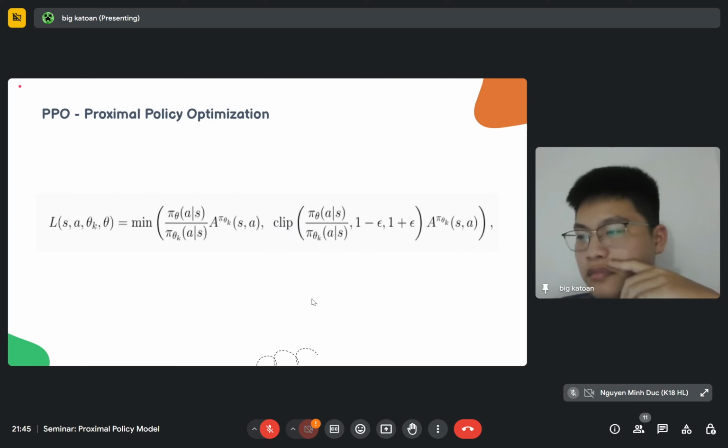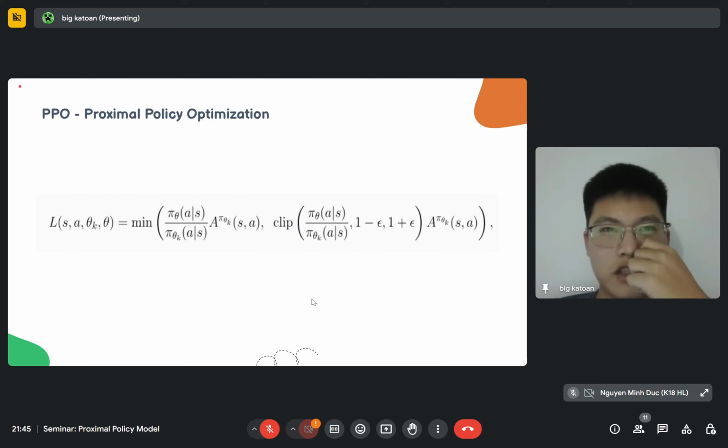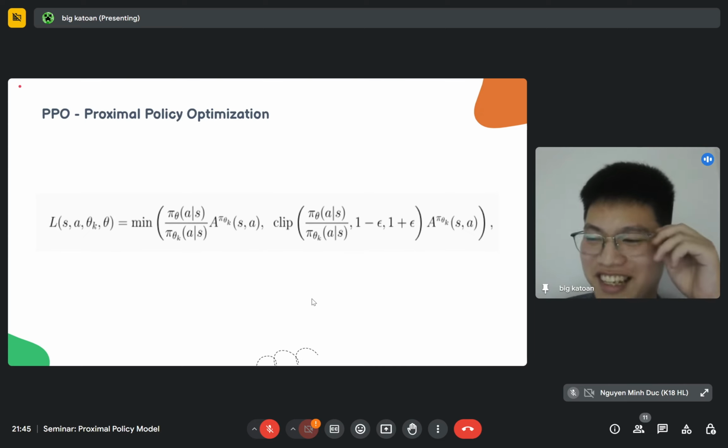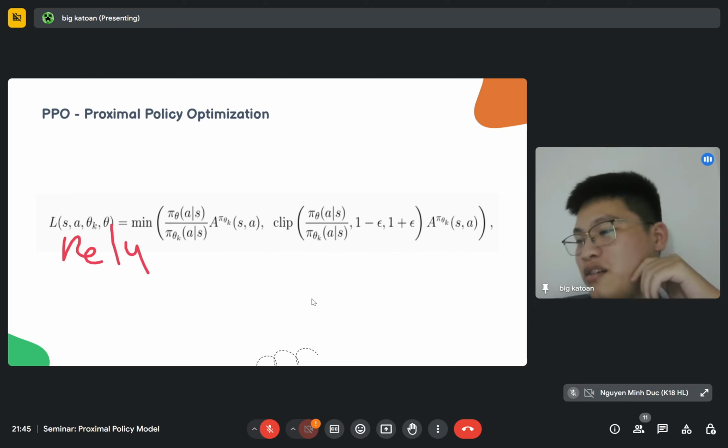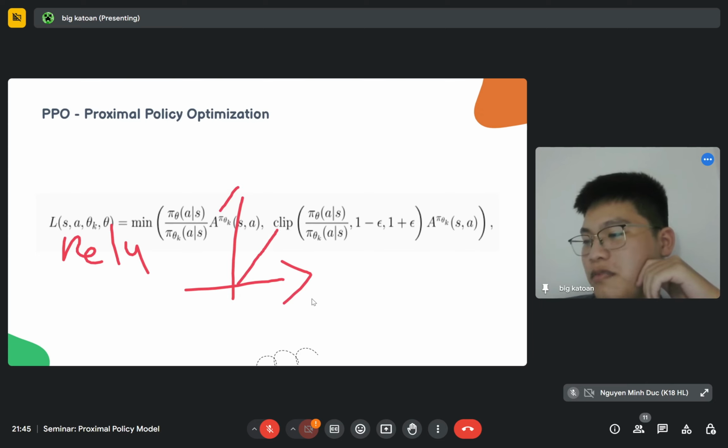Like, how does that work? Actually, clip is very easy to understand. Do you understand ReLU? Yeah. ReLU is actually when it's smaller than 0, we set it to 0, right?